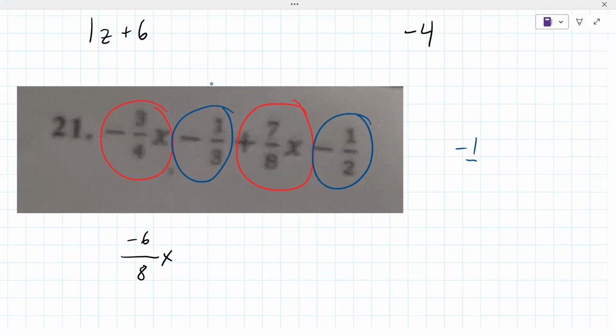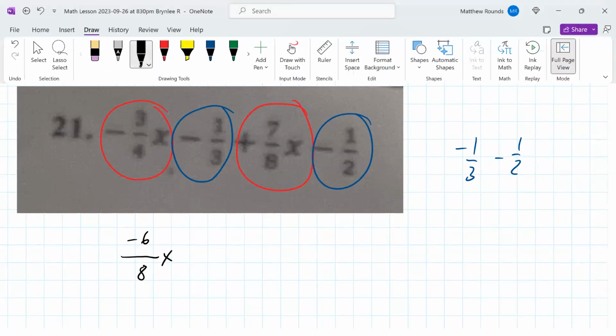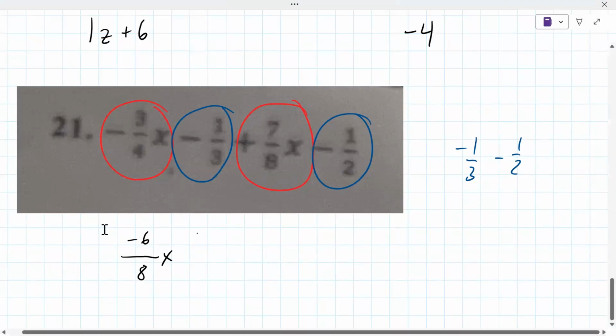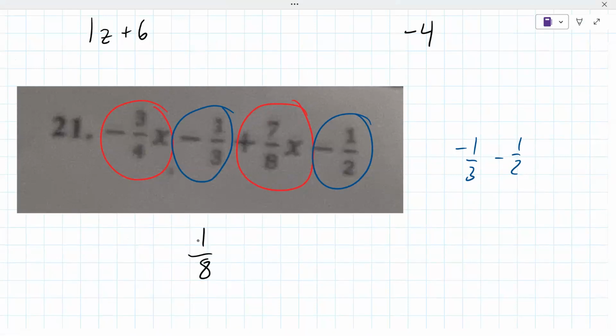Oh, okay. -1/8 plus -5/6. I apologize, I missed that. What were you saying? 1/8 plus -5/6. Yes, that is perfect. 1/8 x minus 5/6.